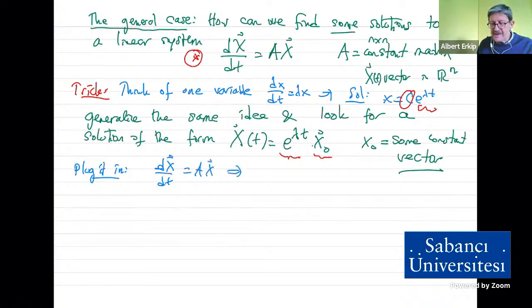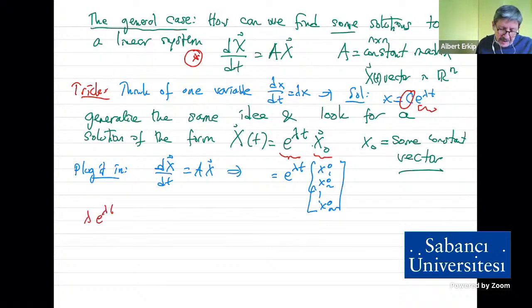Now x is something of the form e to the lambda t times x01, x02, x0n. It's a kind of vector like this: some constant vector times e to the lambda t. So the variable is here. So x'(t) would be lambda e to the lambda t times x0.